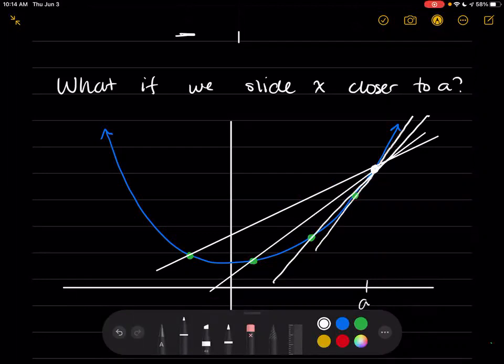And so you can see as this green bead slides closer and closer to a, we get a line that gets kind of closer and closer to something that kind of just barely touches. Okay.